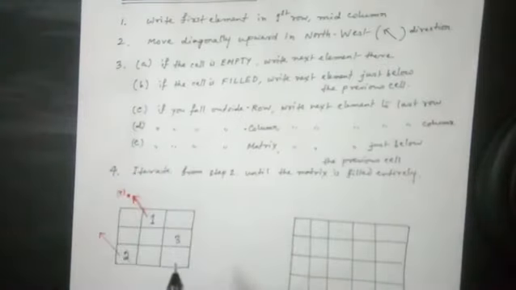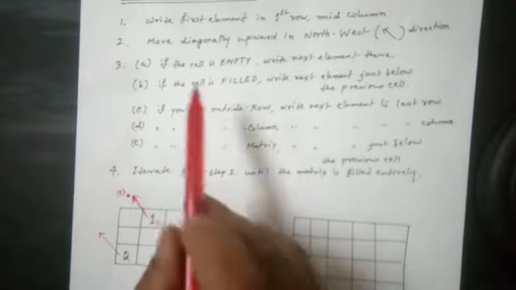Now what should we do next? We again go to step 2 and move diagonally upward. So we are going in this direction. But this room is already filled. Now see, the second condition, the B condition, is satisfied.